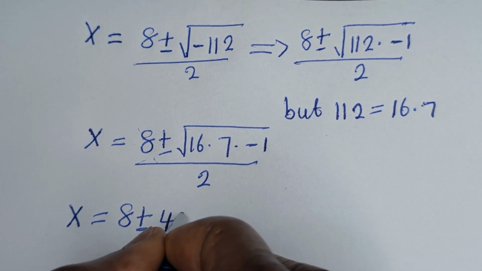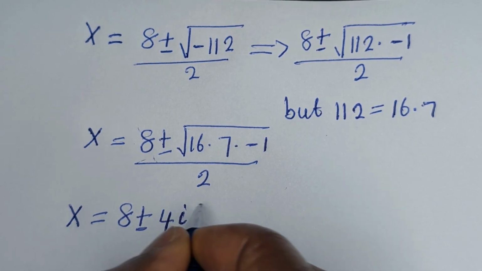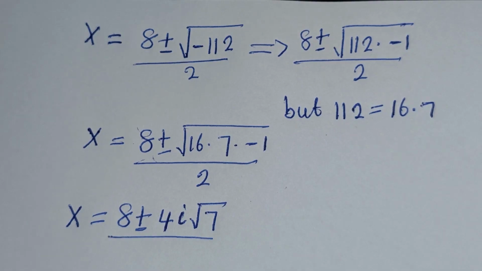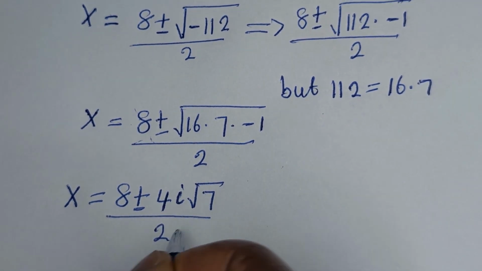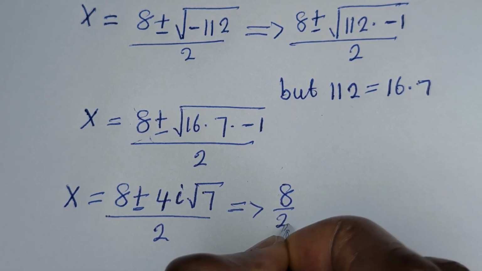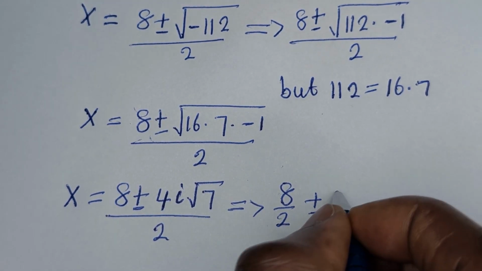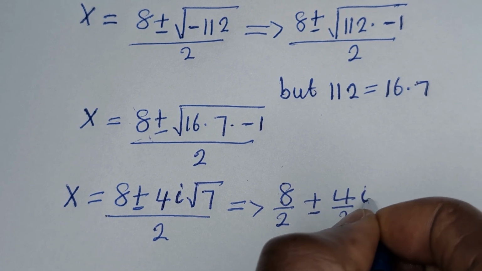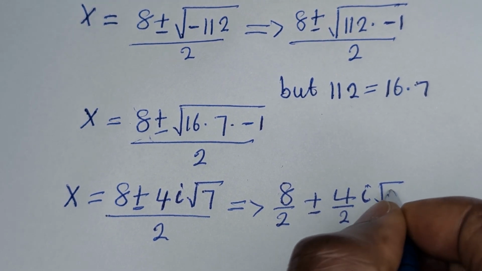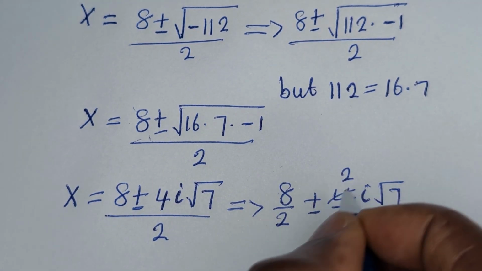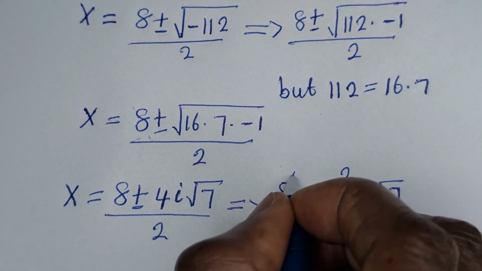Square root of minus 1 is i, root 7, over 2. And this is 8 over 2 plus or minus 4 over 2, then i root 7. 2 here, 1, 2 here, 2. 2 here, 1, 2 here, 4.